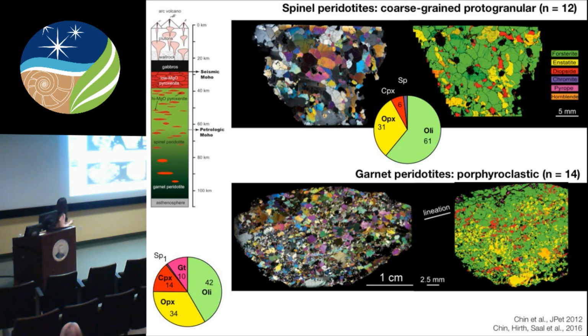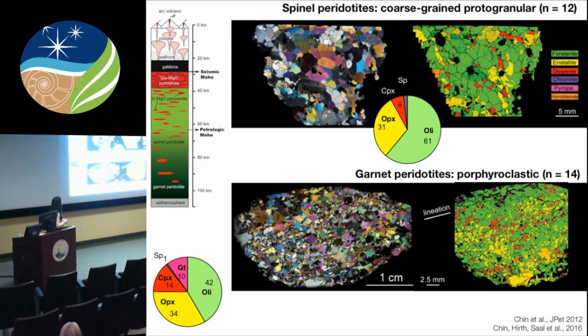And modally, the phase assemblage is different. So we can see there's less olivine, more CPX, and more garnet, suggesting that either less melt has been taken out of these peridotites, they're more fertile, or perhaps they were melt depleted and then metasomatized a second time.